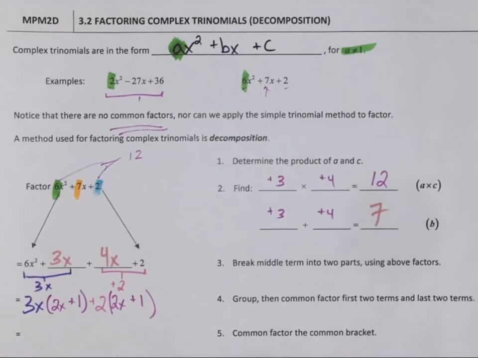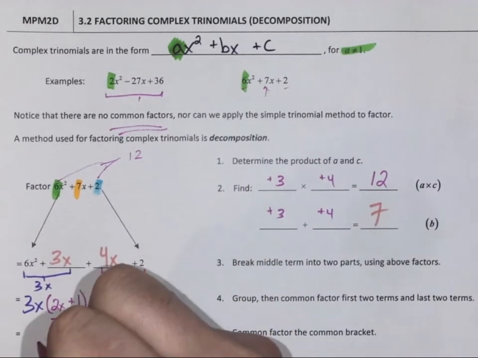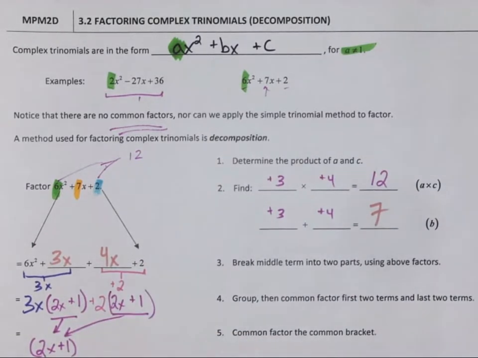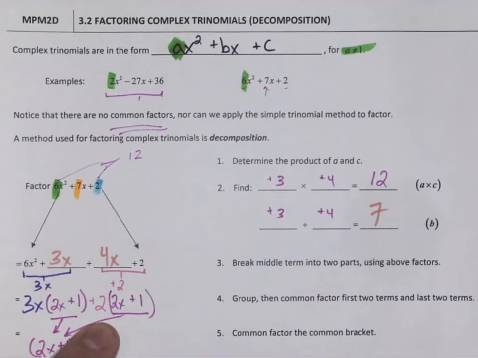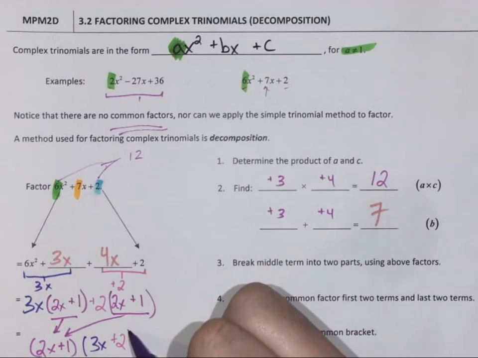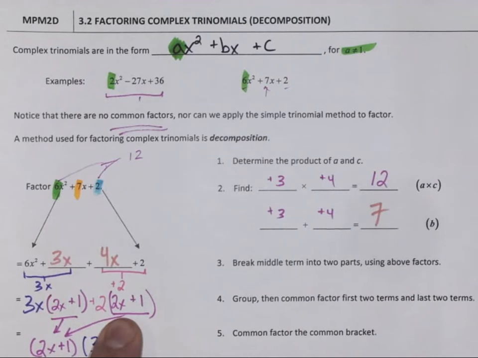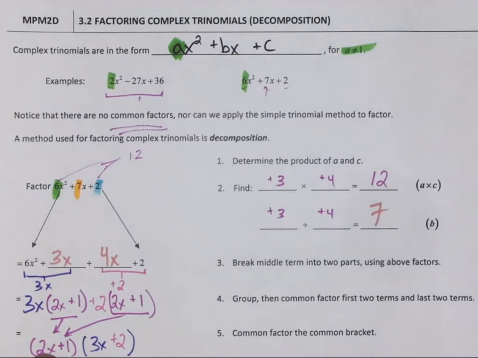Because they're the same, they get joined together as they are and go in front, and what remains in the second bracket is 3x and that plus 2, the items that were in front. Essentially, that's a term and that's a term, and we common factor out 2x plus 1, which now goes in front. What's left over is 3x and 2.